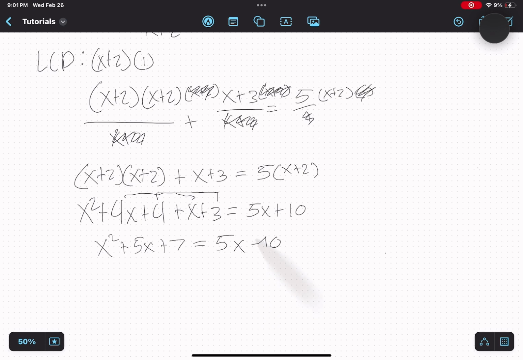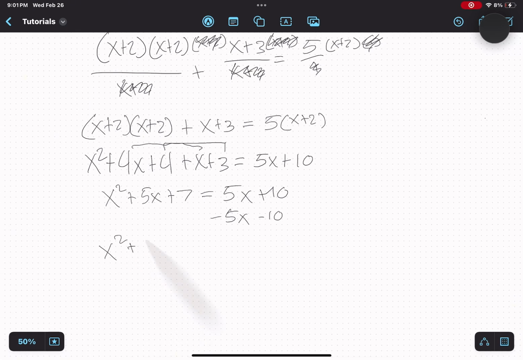And now we're going to subtract 5x plus 10 from both sides. But I'm going to do it in a way that makes it a little bit less confusing. So we're going to do x squared plus 5x plus 7 minus 5x minus 10. You're going to set it equal to 0 because now there's nothing on your right side of the equation.